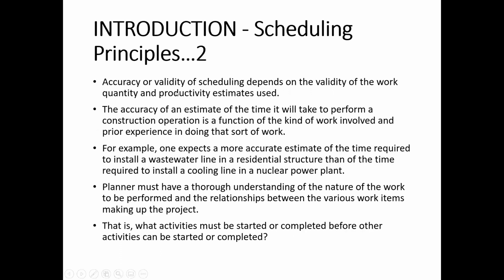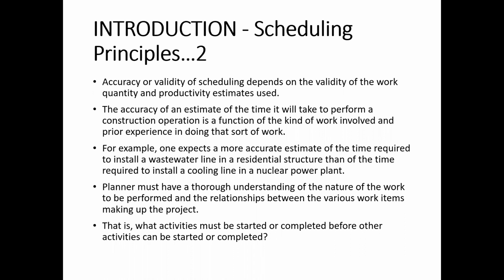Scheduling principles: the accuracy or validity of scheduling depends on the validity of the work quantity and productivity estimates used. It means that whatever estimates are used in your project activities, the accuracy of those estimates is very important.